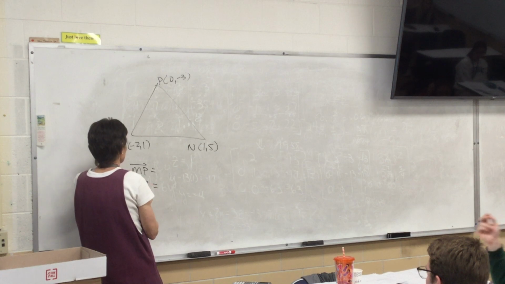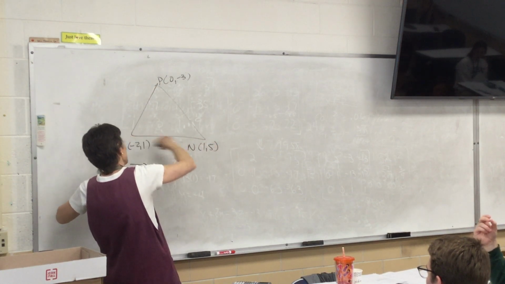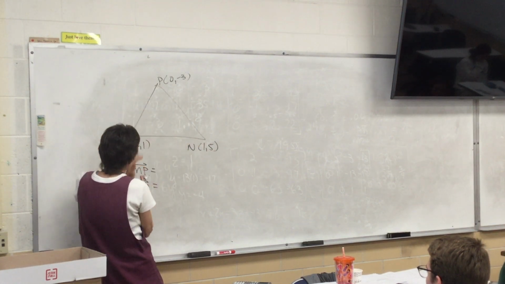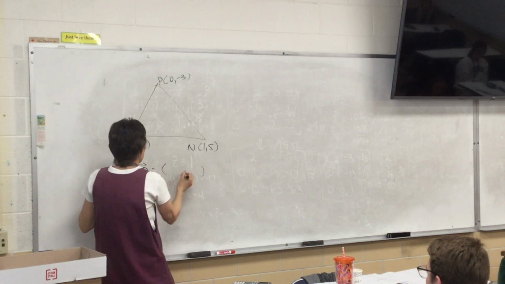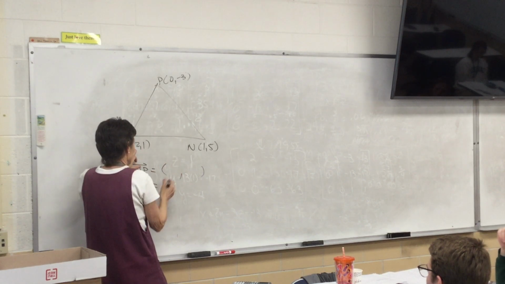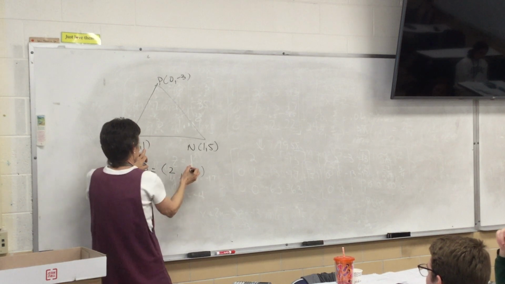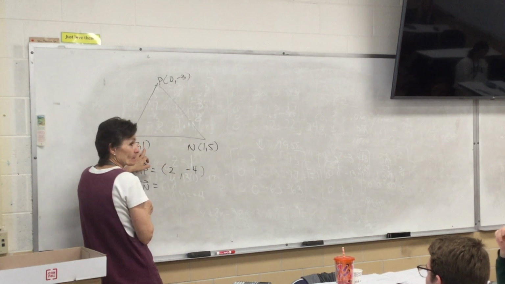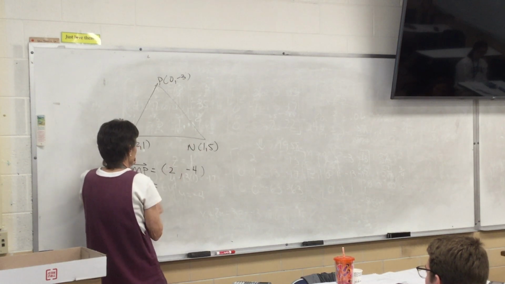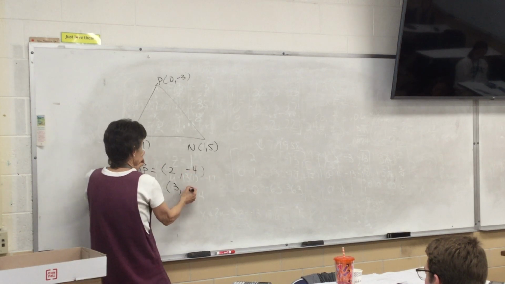But it doesn't make any difference. You can use whatever vectors you want. You can do PN, PM, you can do NM, NP, whatever vertex you want to start with, make those two vectors. So if I go from M to P, from -2 to 0 is 2, and from 1 to -3 is -4. And then if I go from M to N, -2 to 1 is 3, and 1 to 5 is 4.